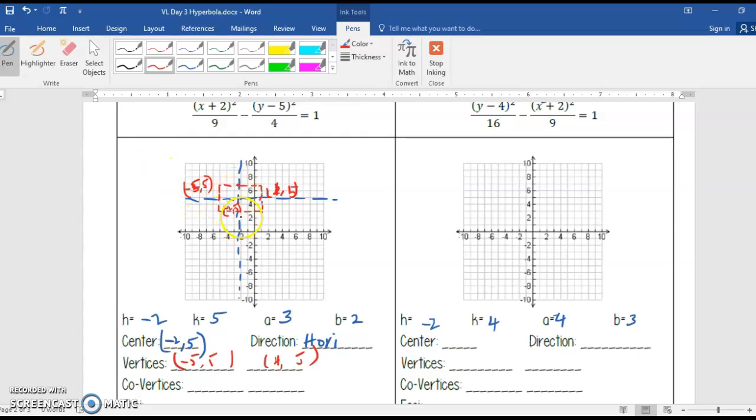And the co-vertices, now here the y value will change. So negative 2 and 7, and here it would be negative 2 and 3, right?